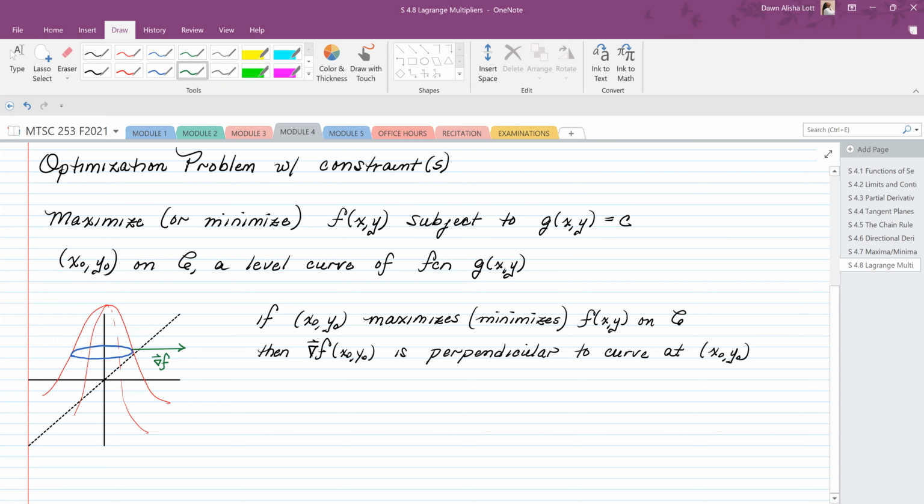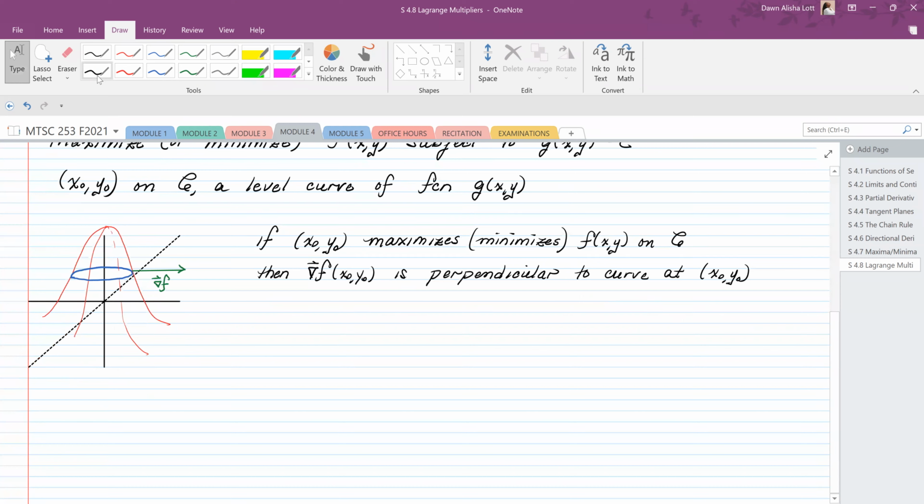Now the gradient of g is also perpendicular to the curve at the point x naught, y naught. That means the gradients are parallel.